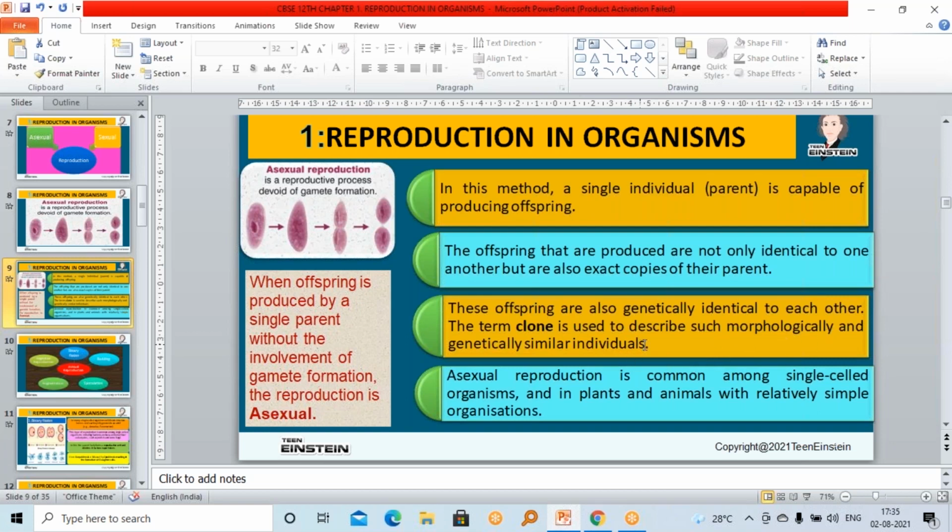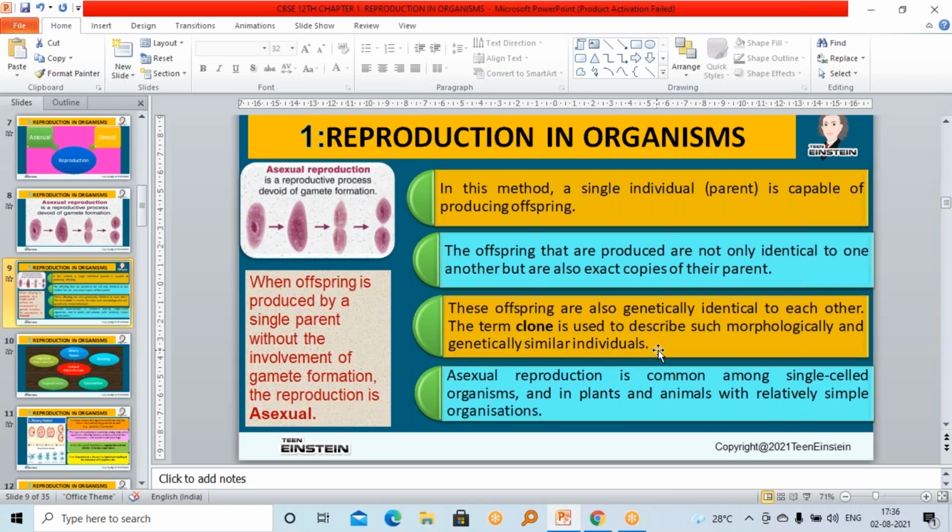So offspring will be exact copies of the parental organism. That is not only identical, but an exact copy. There is no difference between the parent and the offspring.